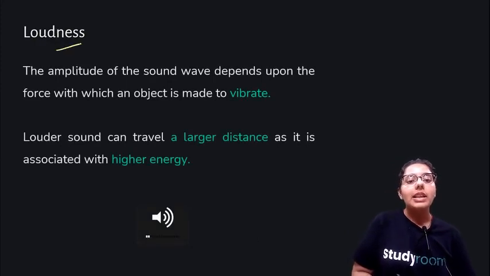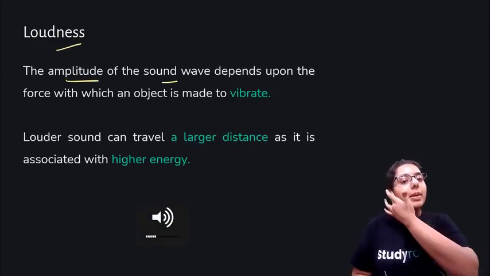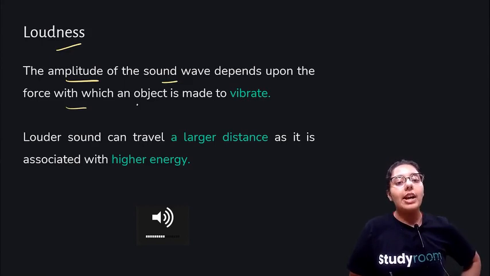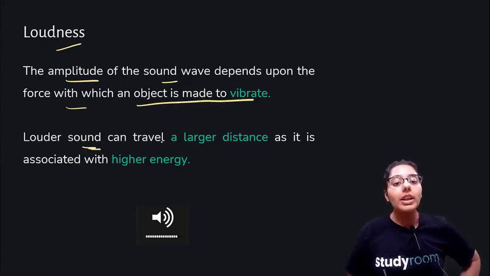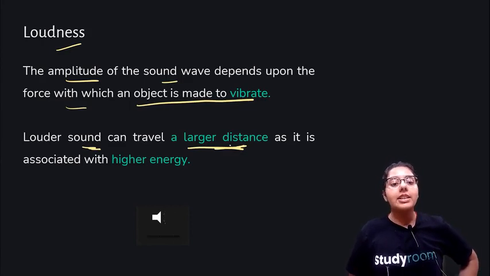Loudness. The amplitude of the sound wave depends upon the force with which an object is made to vibrate. A louder sound can travel a larger distance as it is associated with high energy.